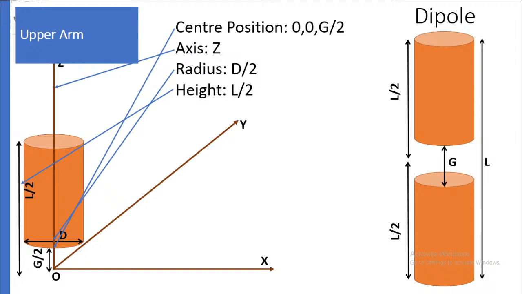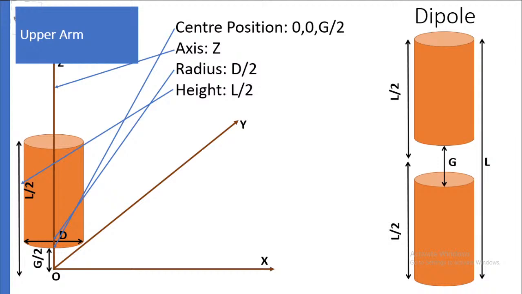Now look at the center position. The center position for the upper arm is 0, 0, G by 2. The axis is Z, along the Z axis the upper arm is oriented.